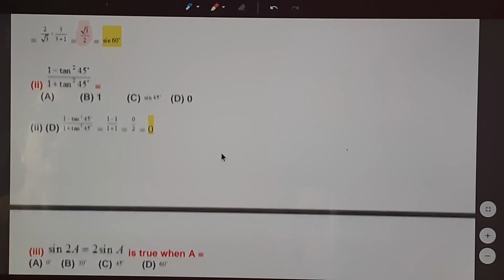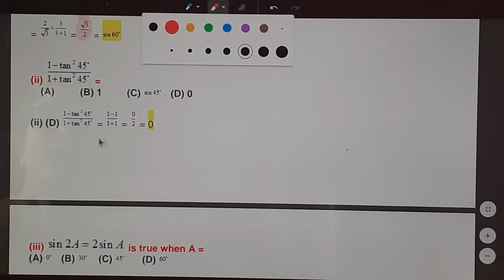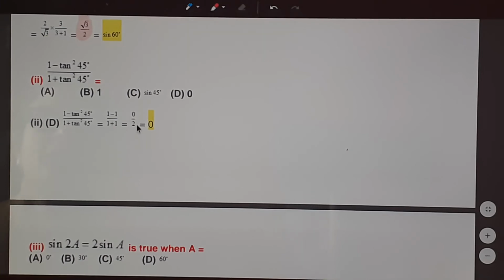Then the second one is 1 minus tan square 45 upon 1 plus tan square 45. It is very easy, only the tan 45 value is needed. We know it is 1. Substitute the values of tan 45 here. You will get 1 minus 1 upon 1 plus 1, which equals 0, since 1 minus 1 is 0. 0 divided by any number is how much? 0. So which option will come here as your answer?